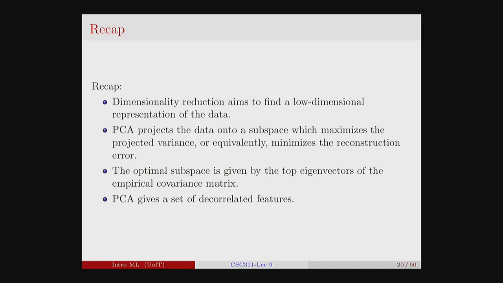And because you are projecting data onto the space that is spanned by a set of k orthonormal basis vectors, each of the representations for your data points now has decorrelated features. So each of the k dimensions of Zi are by definition going to be decorrelated.